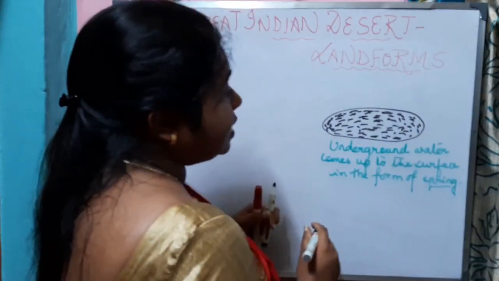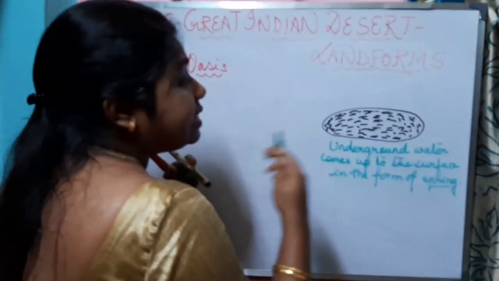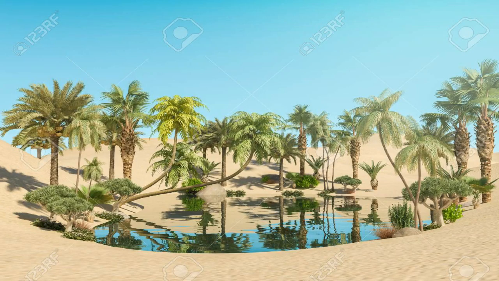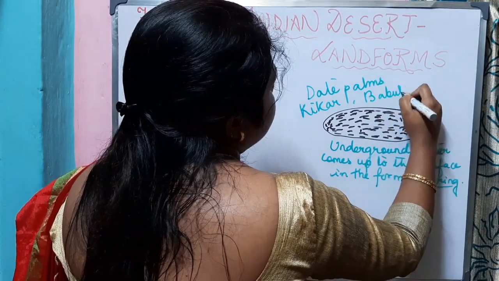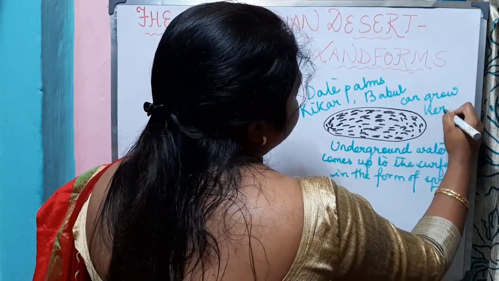Now this oasis makes the surrounding area so fertile that some plants like the date palm, kikar, babool can grow here.